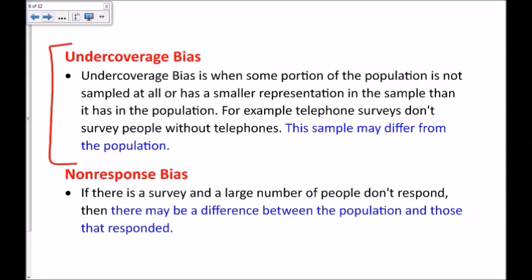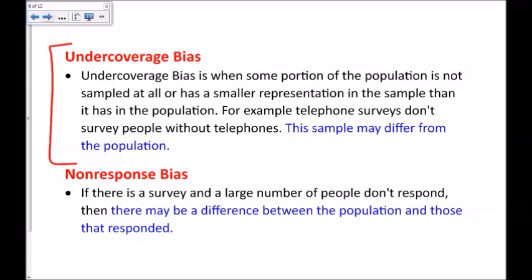But telephone surveys had a problem with undercoverage bias in that they don't survey people that don't have telephones. Usually lower income individuals who didn't have a telephone weren't included in the surveys. So there was an undercoverage bias. They weren't being represented in the sample for some reason.